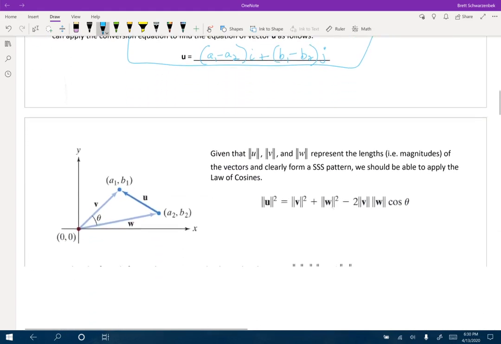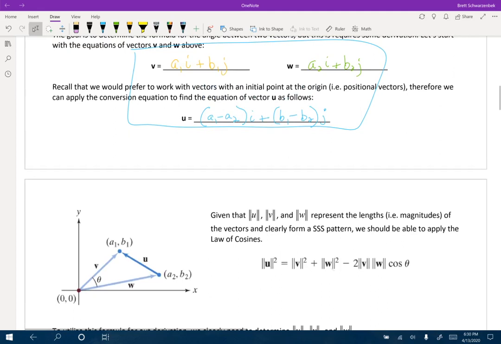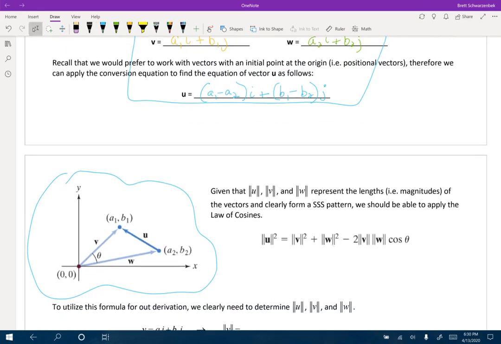Okay, so what I did was I recreated the same diagram over here so we can keep working on it as we go. And note that while v, w, and u in the diagram are telling you what the vector is, the actual length of those vectors are their magnitudes.